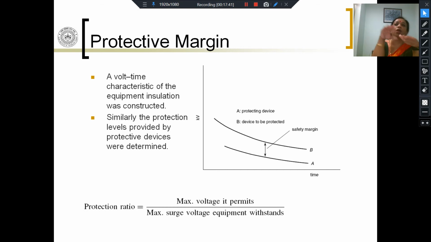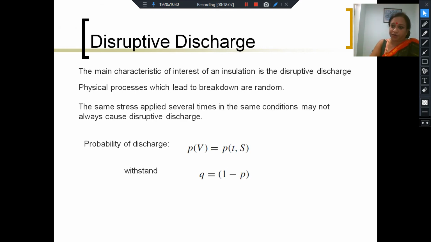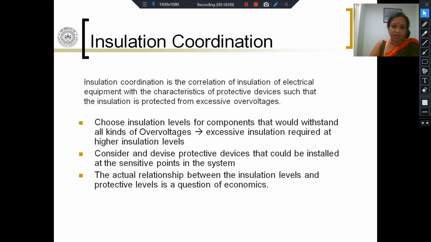You will go to a higher voltage because you want some protection, if for example your protecting device fails, or something goes wrong, there is some safety. So it's not like voltages higher than VA will never appear across the equipment. It might, but the frequency of such overvoltages will be decreased. So this is what I meant here.